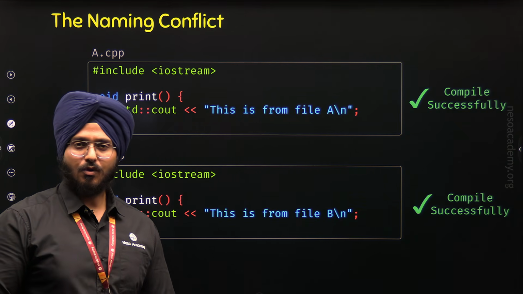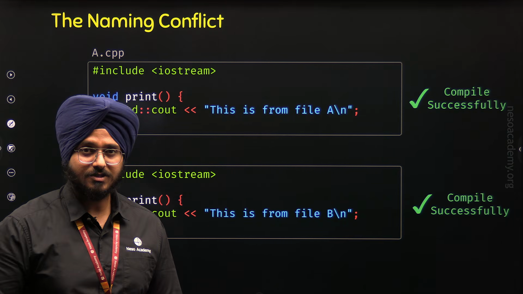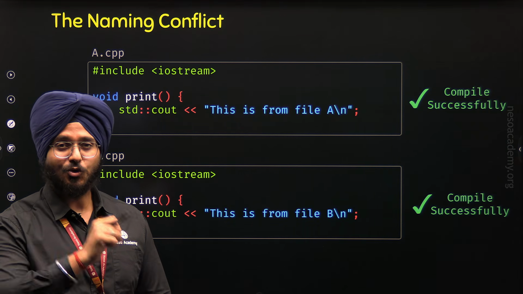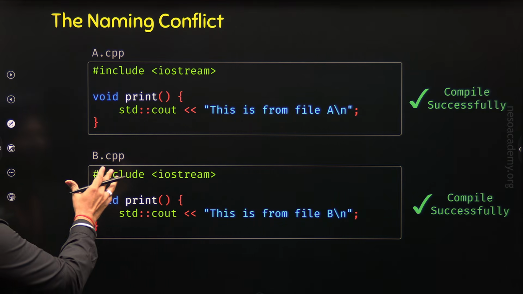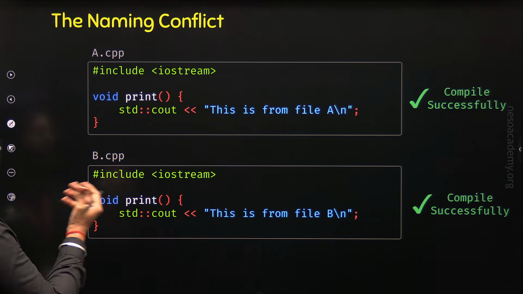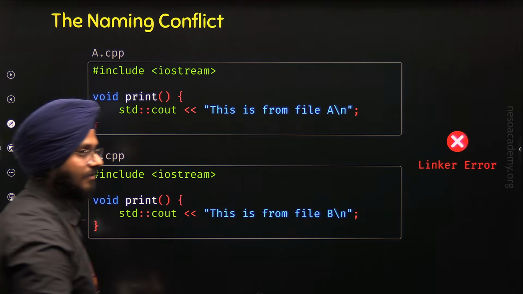Linker is the software program which has the job of combining the object files obtained from the compiler into a single executable file. Linker will combine the object files of these files and then it won't be able to do so. It will produce the linker error.